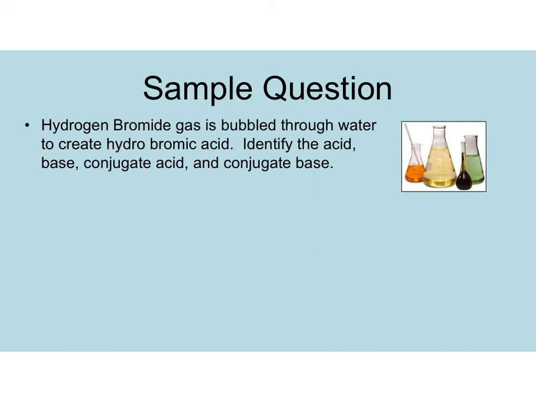So here, we've got hydrogen bromide gas. The hydrogen bromide, which is a gas, is bubbled through water, which is a liquid, to create hydrobromic acid. So we bubble this through water and we create hydrobromic acid.